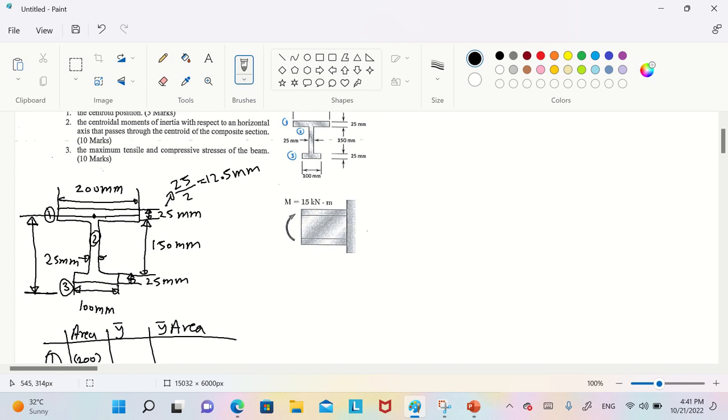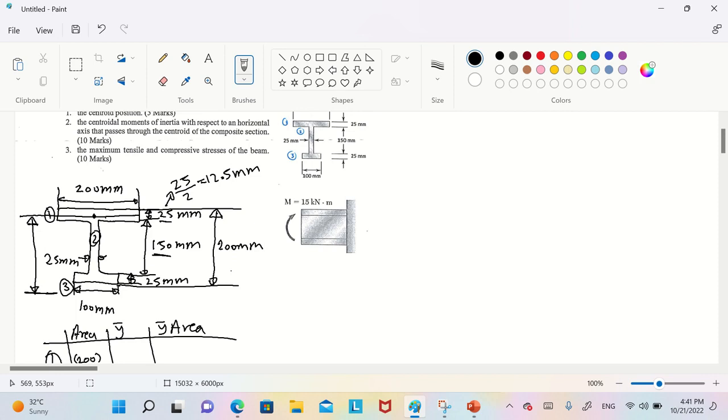Okay. And the whole height is 200 millimeter. 150 plus 25 plus 25, you get 200.